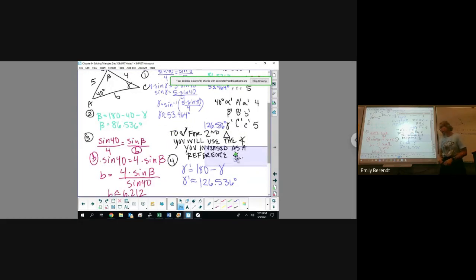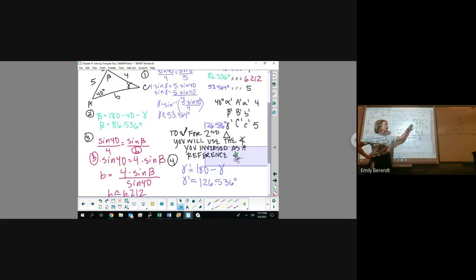All right, so at this point in time, we still don't know if we have 2 triangles or not. You will always do this after you get one triangle with ASS. You will take 180 minus the angle that you inversed, and you will get its new obtuse angle. Then when you put it in the chart, this is how you'll know if you have a second triangle or not. The 3 angles of any triangle have to total what? 180, have to total 180.